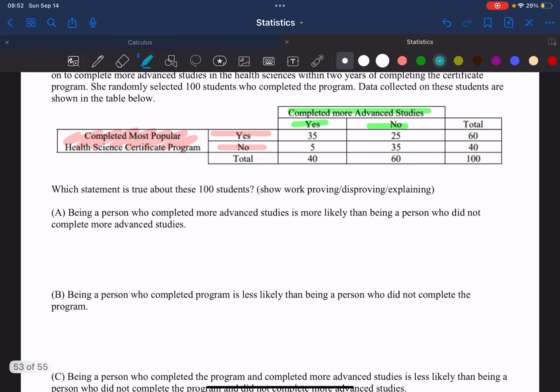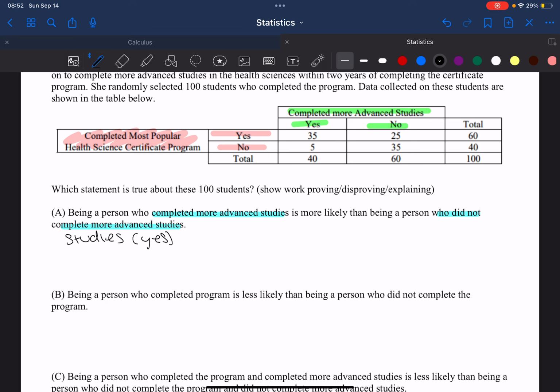So A says, being a person who completed more advanced studies is more likely than being a person who did not complete more advanced studies. So that's someone who said yes to advanced studies. So studies, yes.